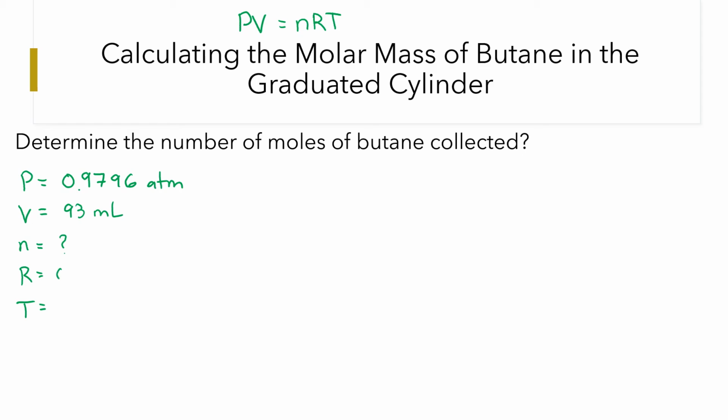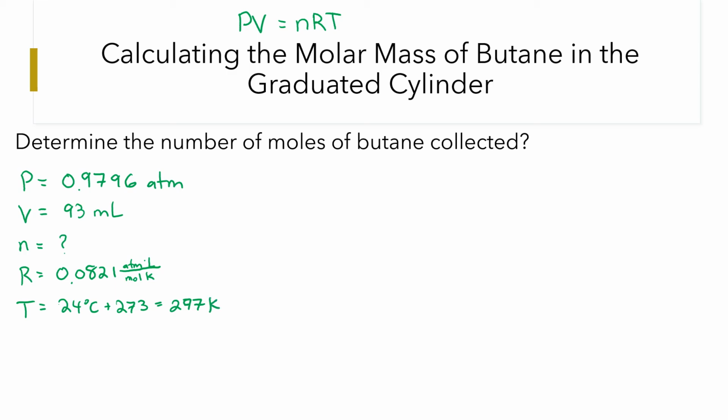We don't know moles. Our universal gas constant, 0.0821. And the unit for that would be atm liters over moles Kelvin. And then our temperature, y'all. Temperature of the water was 24 degrees Celsius. Add 273 to that, and we get 297 Kelvin.